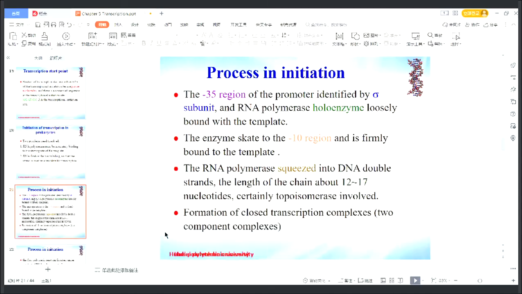The RNA polymerase squeezed into the DNA double strand. The length of the unwound chain is about 12 to 17 nucleotides. Steadily, the topoisomerase and the helicase take part in the relaxation process.